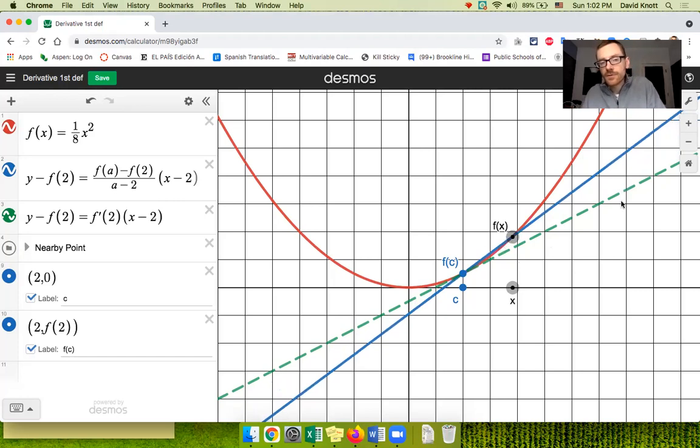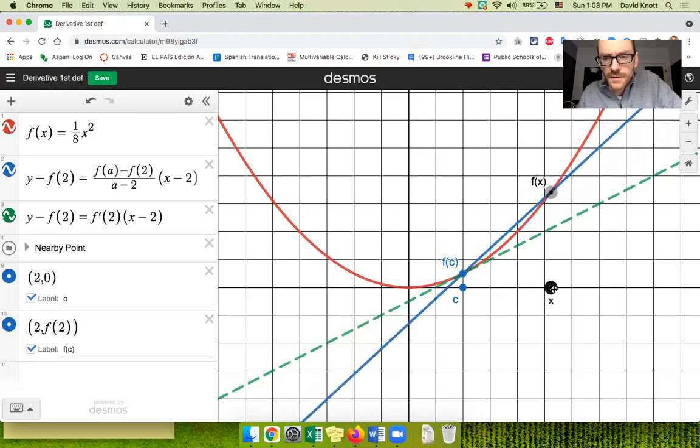So you might be wondering, okay, that's interesting, but how does that solve the problem? Remember, my objective is to find basically a formula for the slope of the green line. So why am I even looking at this blue line? Here's the idea. I actually know a formula for the slope of the blue line. It's actually pretty easy to write down. We can actually write down a formula for the slope of the blue line.